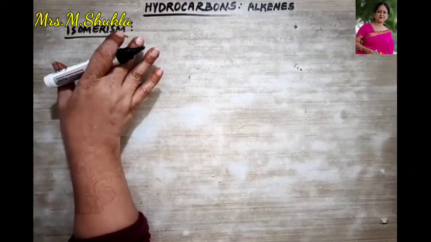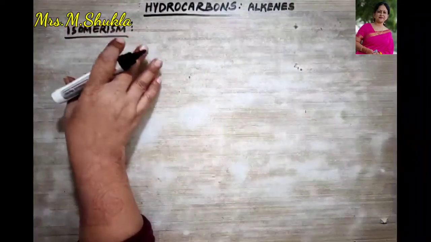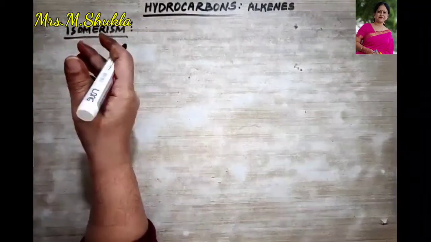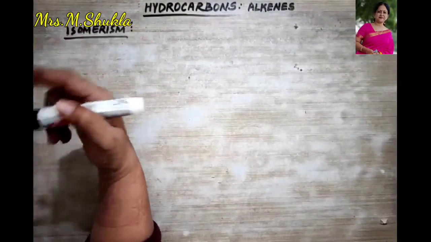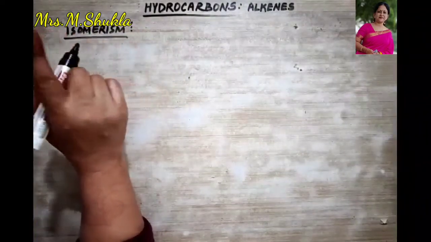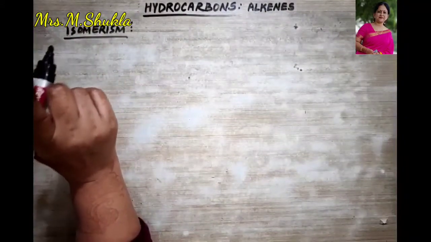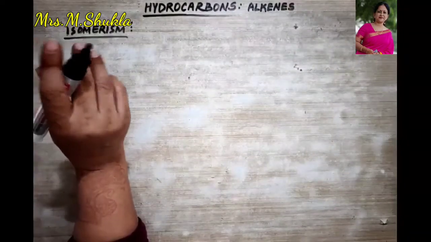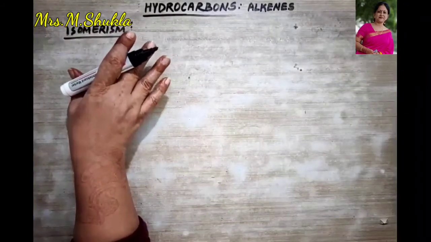The presence of the double bond in alkenes increases the possibility of isomerism. In addition to chain isomerism, we are also going to see position isomerism, while alkanes exhibit only chain isomerism. But here in alkenes, we are going to study different types.